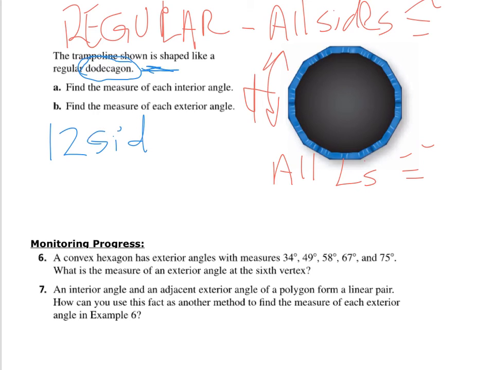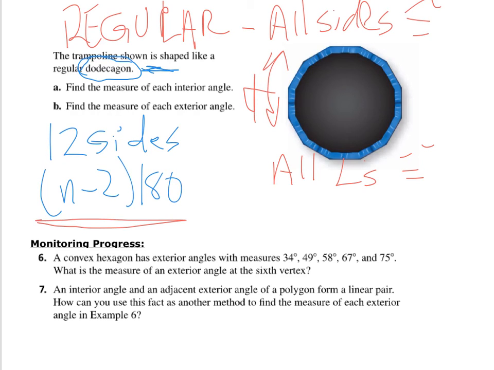So if we would happen to use that formula that we used earlier, the n minus 2 times 180, that's where we would use our n. So they want us to find the measure of each interior angle. Well, isn't this equation what we use for the interior angles, right? So that's what we would do, right?